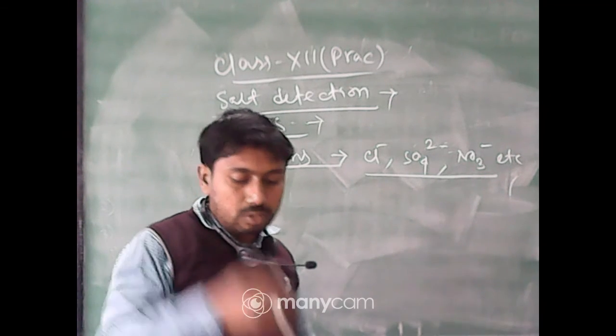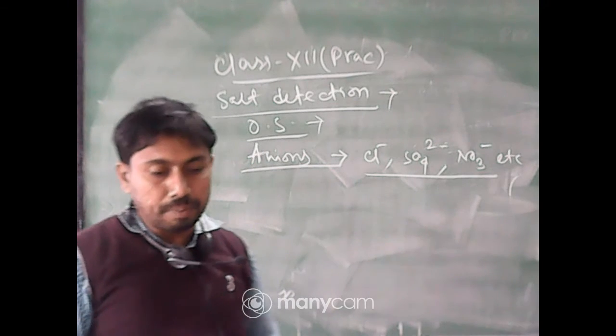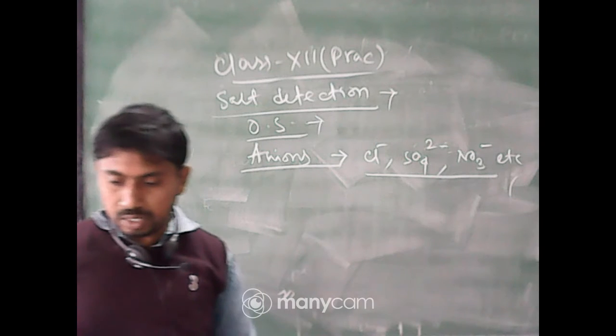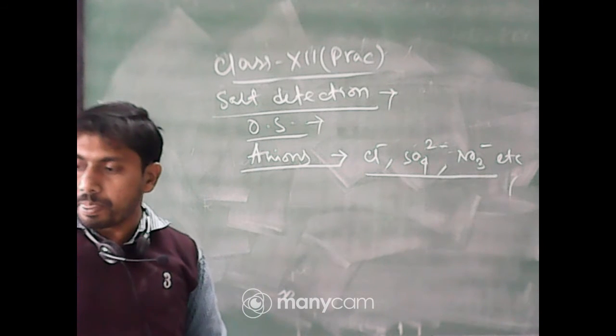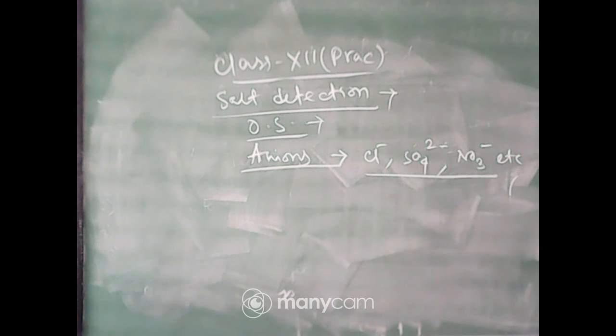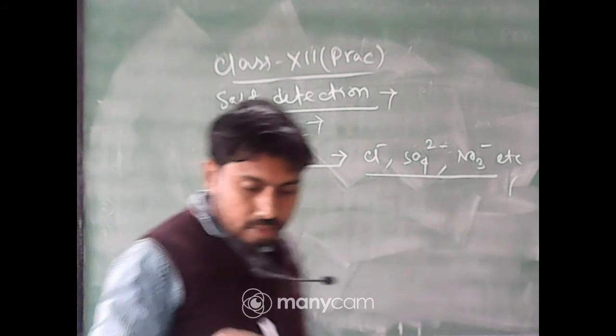So for this we have to dissolve the PPT. Now reduce the volume of the PPT, and we have to dissolve the PPT in dilute HCl.